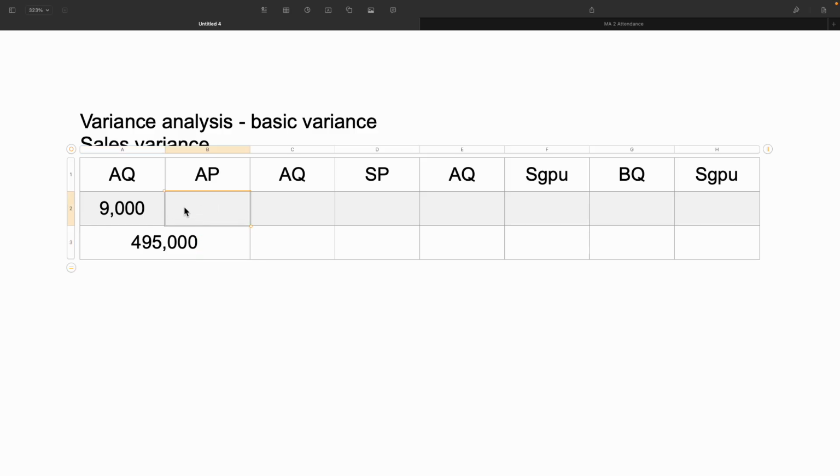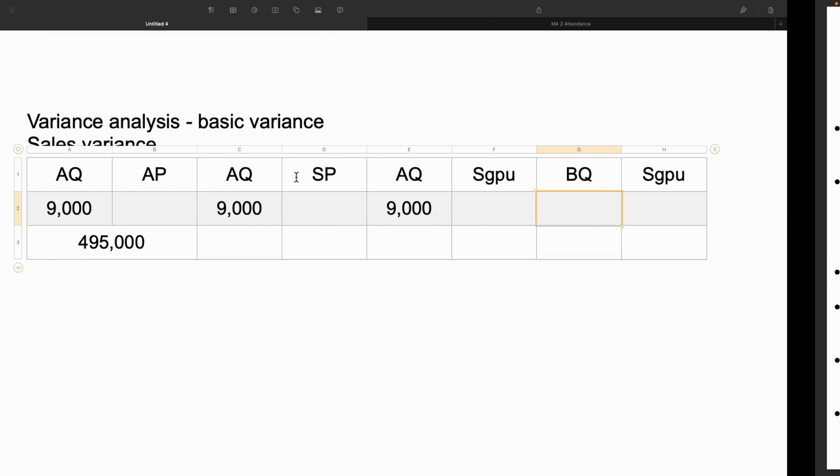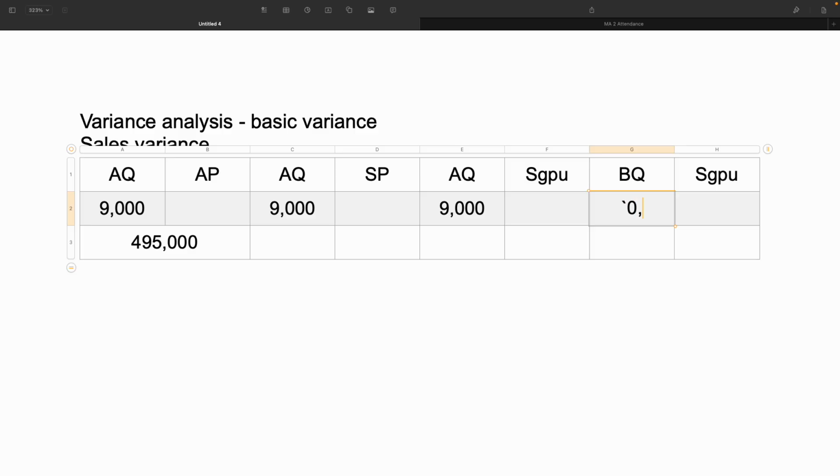We can leave this unknown. You don't need to solve something for the sake of solving it. So we know the actual quantity is 9,000. The budgeted quantity of sales and production was 10,000. You put those in.